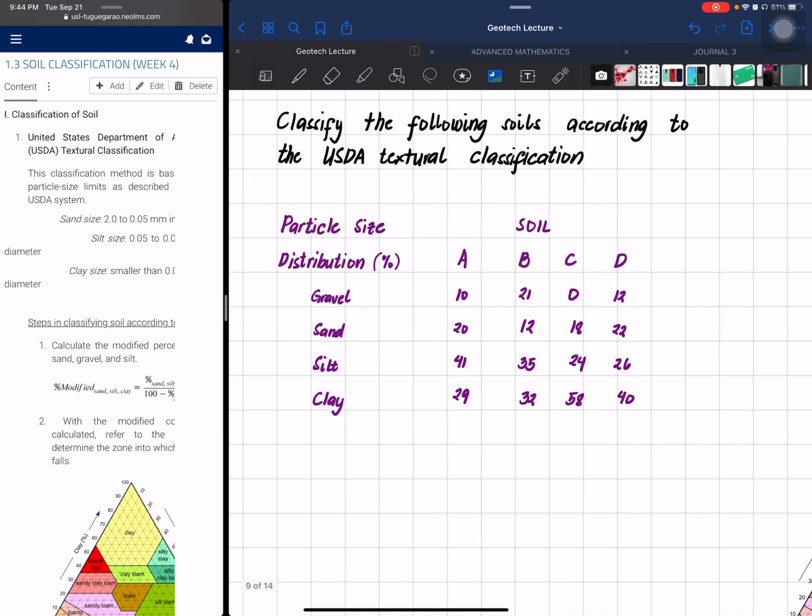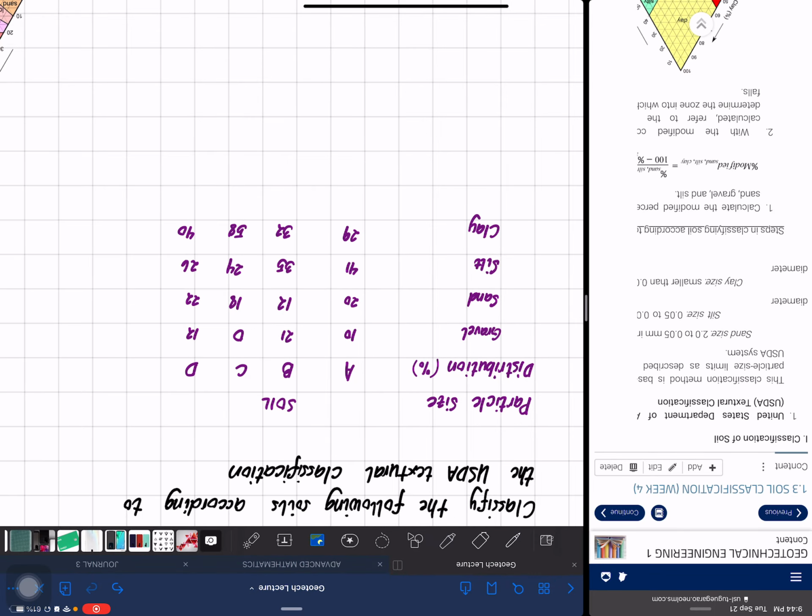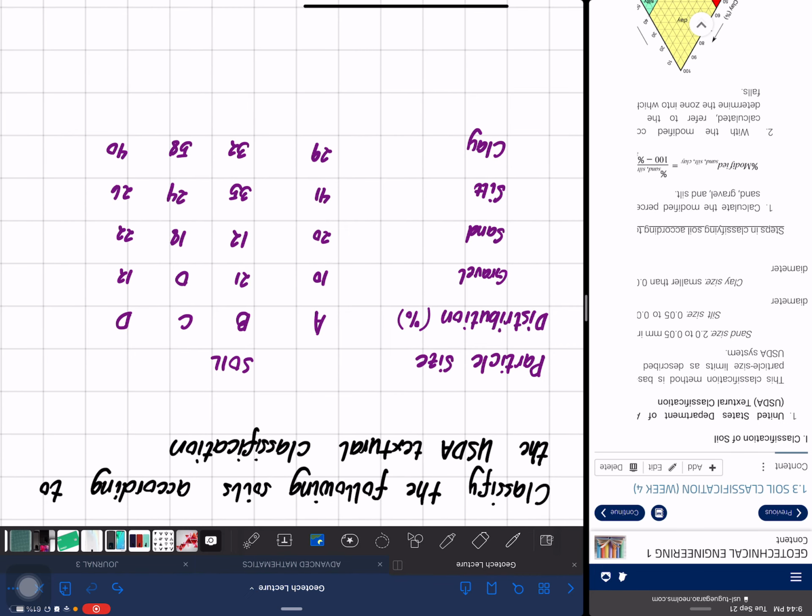The first step is to check if the soil has a gravel component. Let's start with soil A. As you can see in soil A, meron siyang gravel content.